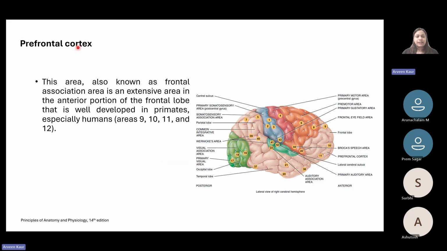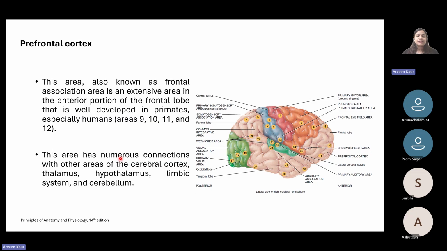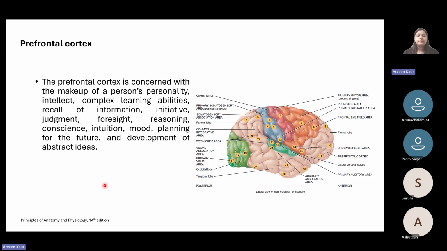Finally, then comes the prefrontal cortex, right? This area is also known as the frontal association area. The prefrontal cortex is an extensive area in the anterior portion of the frontal lobe that is well developed in primates, especially in humans. This area has numerous connections with other areas of the cerebral cortex, such as thalamus, hypothalamus, limbic system, as well as cerebellum.